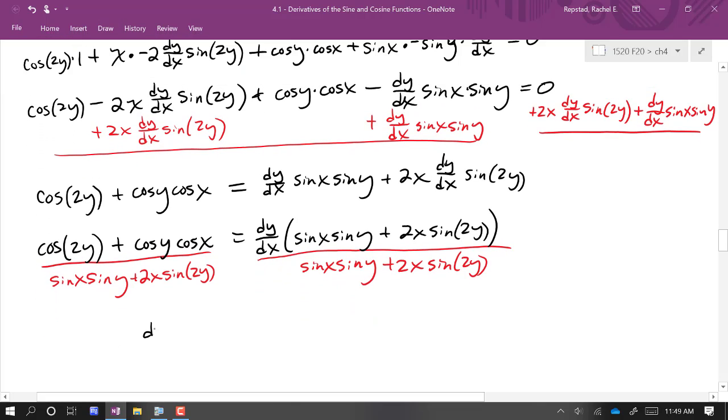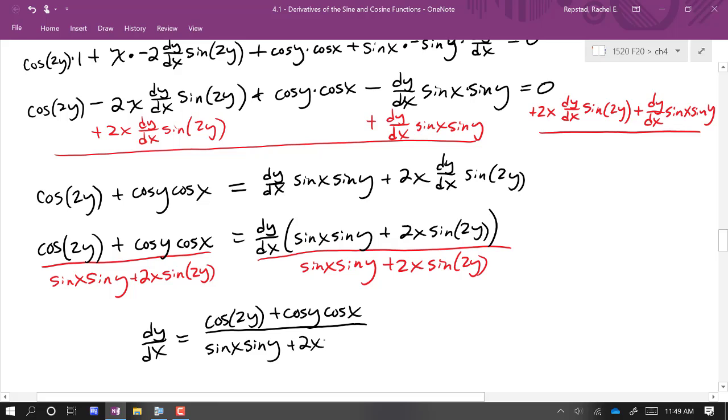So now our result, finally, is dy dx equals cosine 2y plus cosine y cosine x over sine x sine y plus 2x sine 2y.